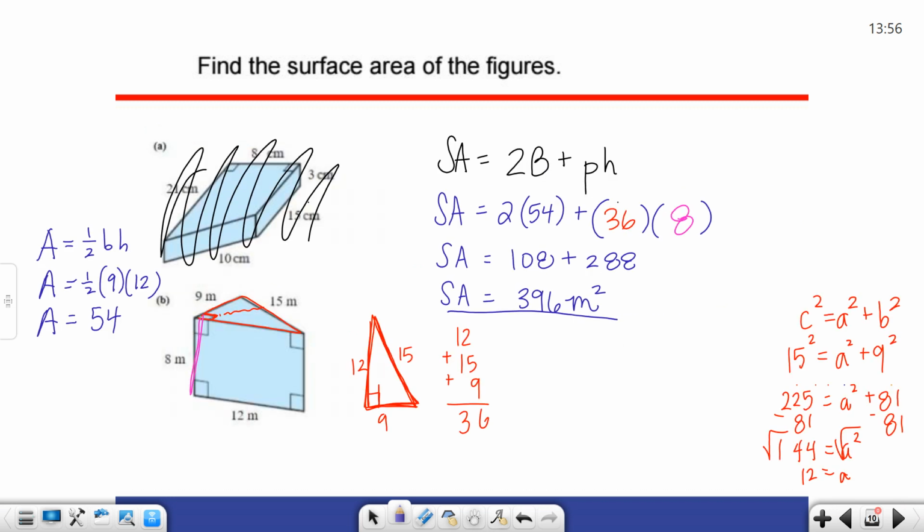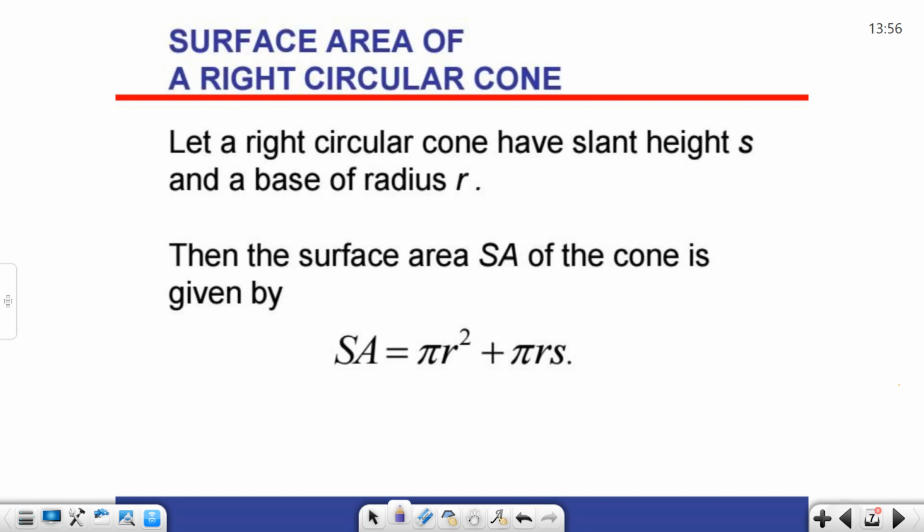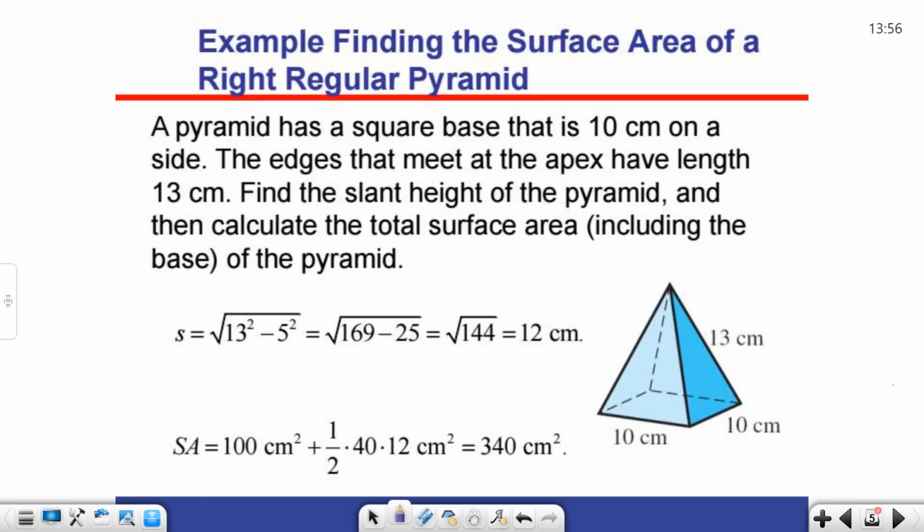Now then, I want to go back to that one that I skipped earlier. This particular one asked you for the surface area of a pyramid. The formula for the surface area of a pyramid, I'll get my sheet back out so I don't tell you the wrong formula, is B plus 1/2 PS.